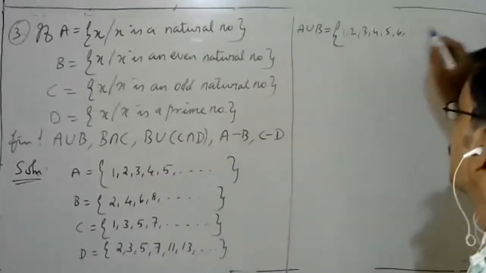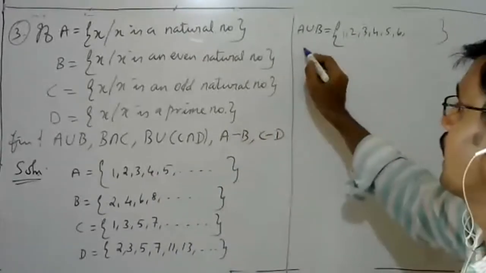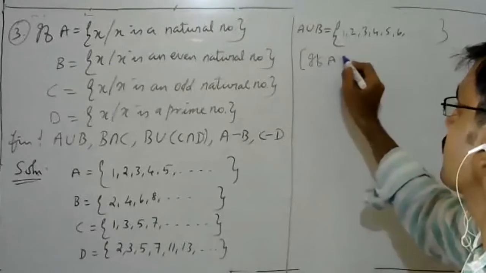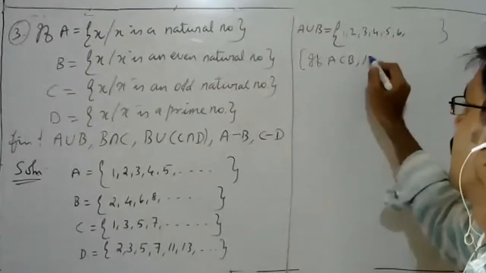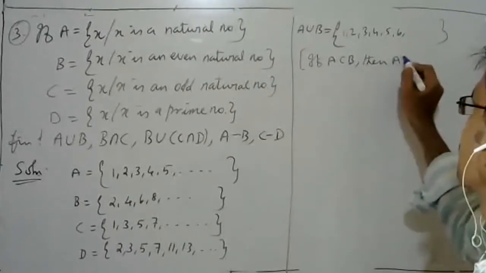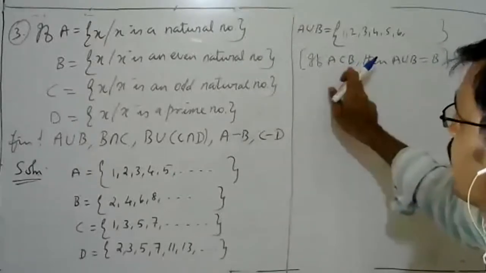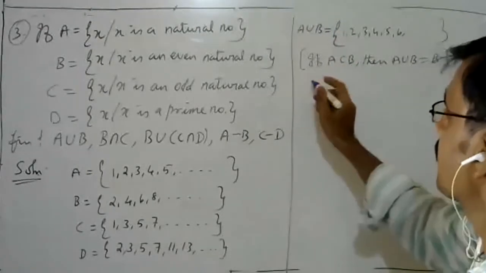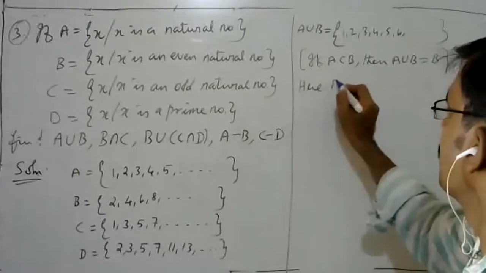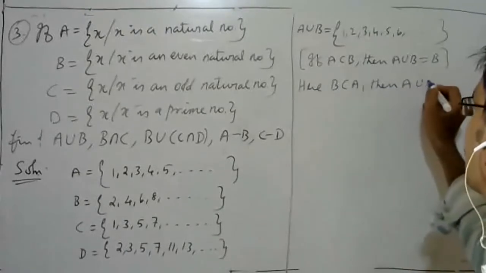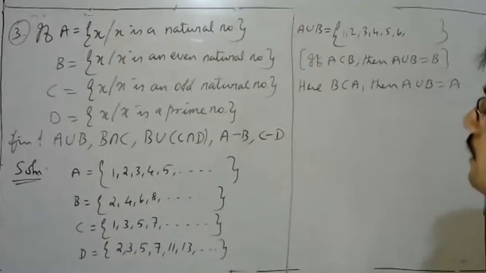Okay, so therefore, your A union B is A, because we know the one note, just now we discussed, if A is a subset of B, then what is my A union B? That is B, the superset. Here B is a subset of A, then my A union B is equal to A only.